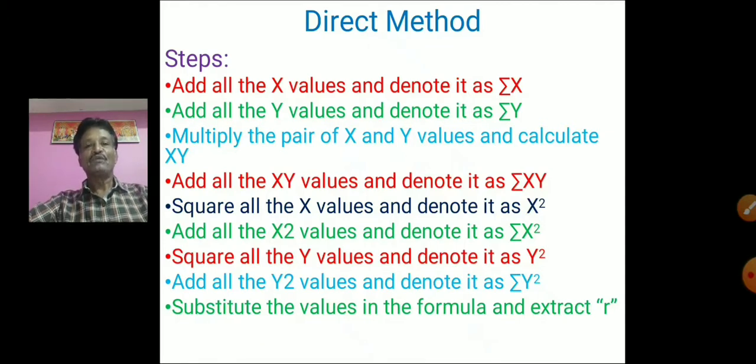If we want to study the relationship between variables, we need a minimum of two variables. In the sum, they will give two variables, one is the x variable and another is the y variable. First, you enter all the x values and take the total of all the x values, denoted by sigma x.